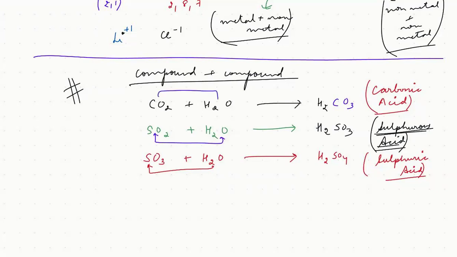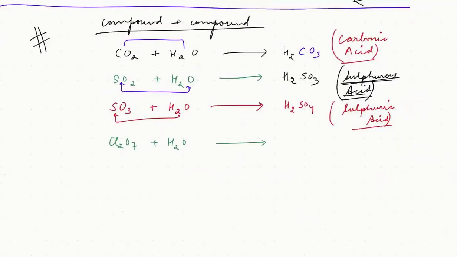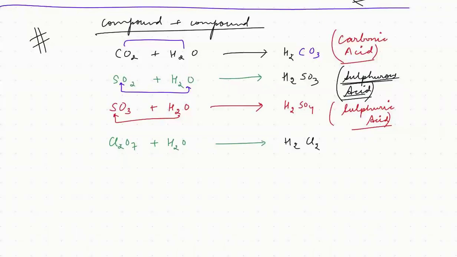So let's say I say Cl2O7 plus H2O, what would that mean? It would be H2Cl2O8.